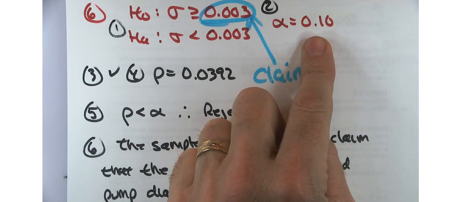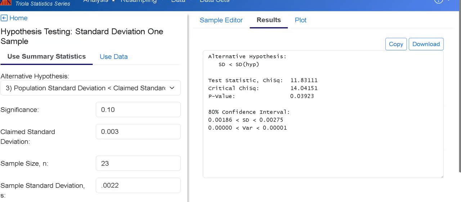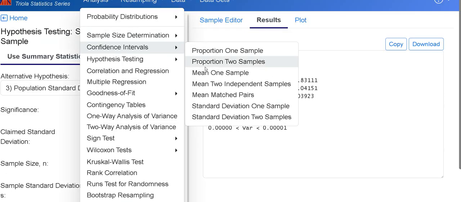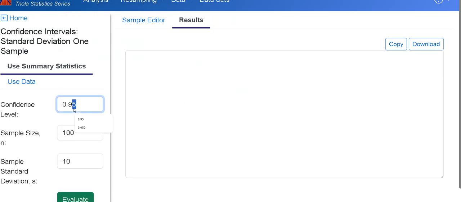I would recommend that we go back to analysis, then confidence intervals, standard deviation 1 sample, and set up the confidence interval that we actually want, which would be a 90% confidence interval.